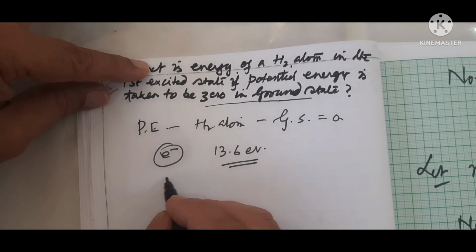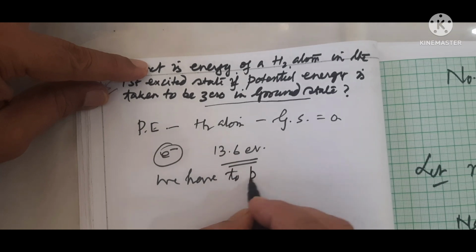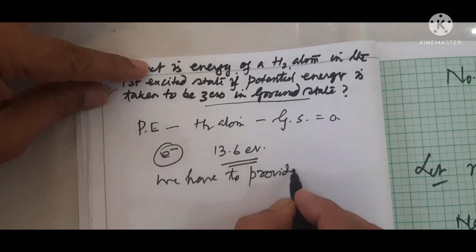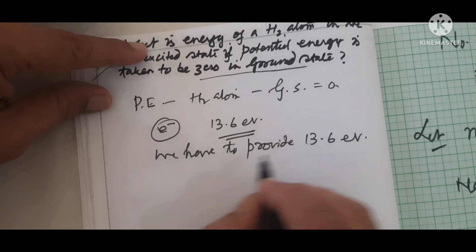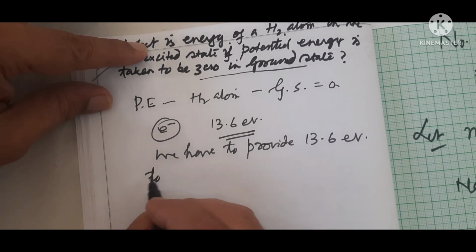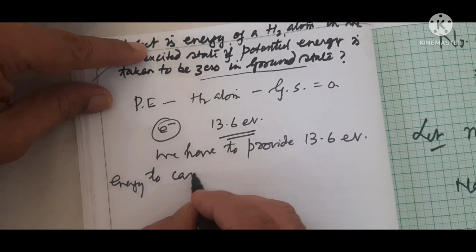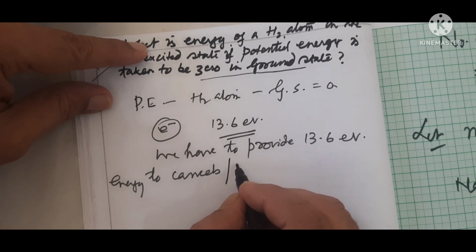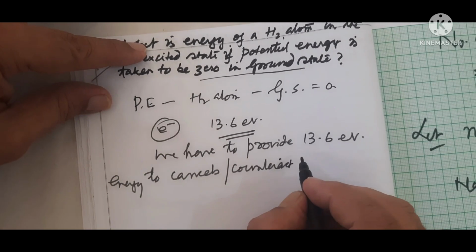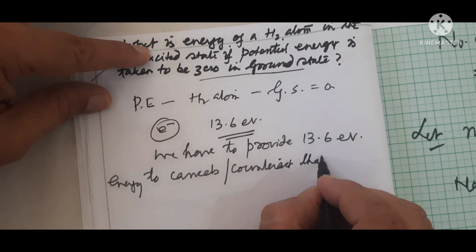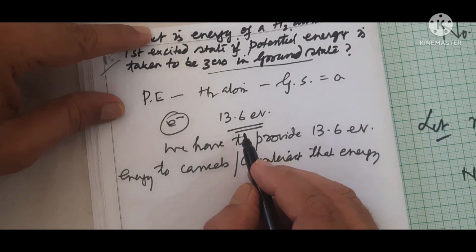That means we have to provide this 13.6 electron volt energy to cancel or counteract that energy. इतना एनर्जी से तो बना हुआ रहता है.